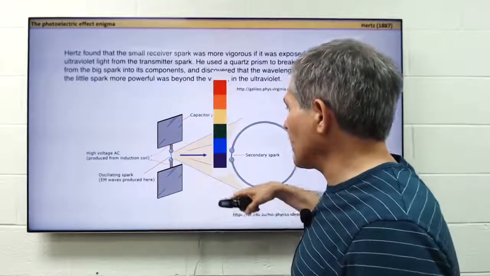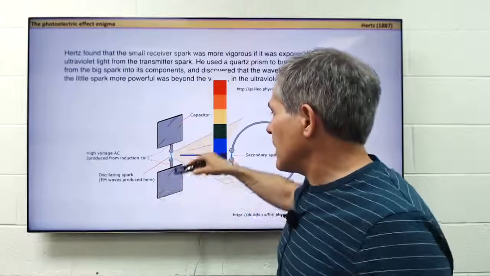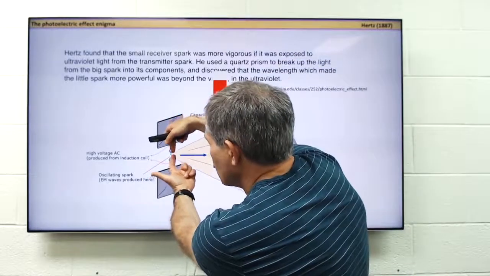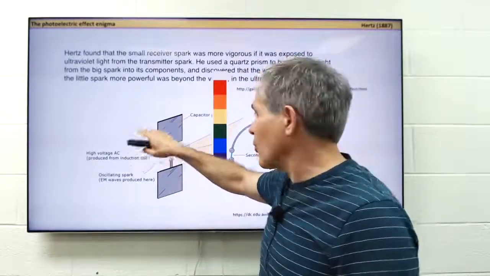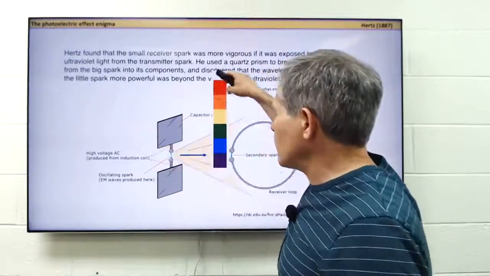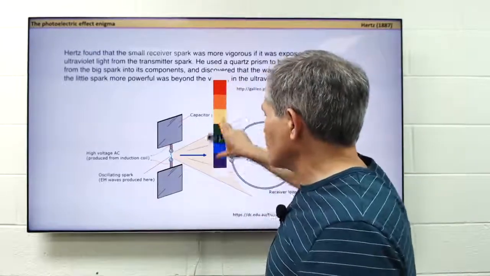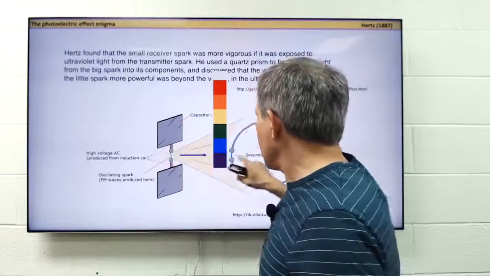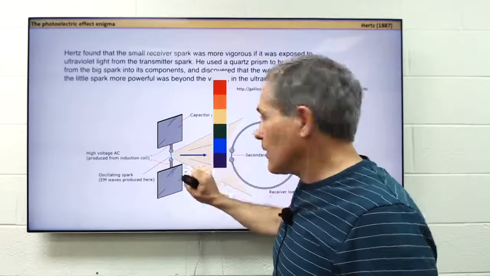And so what Hertz came up with is a set of electrodes where he can change the distance between them and the current that he throws through. And then he used a prism, I didn't draw a prism here, to change the color of the light. So this is the emitter. And then he used the secondary spark as the receiver loop.